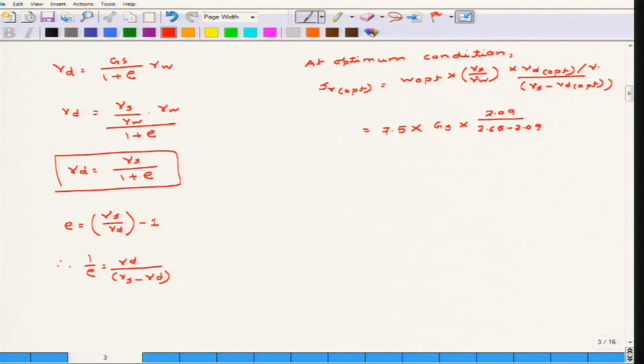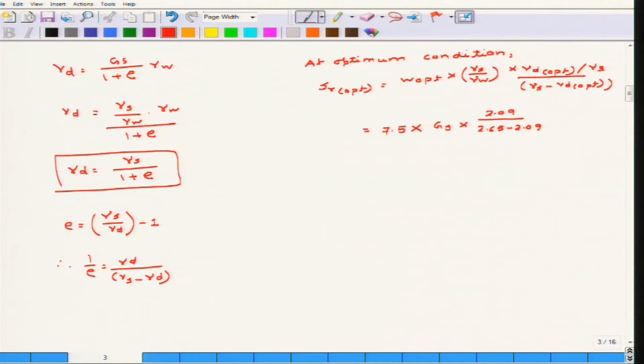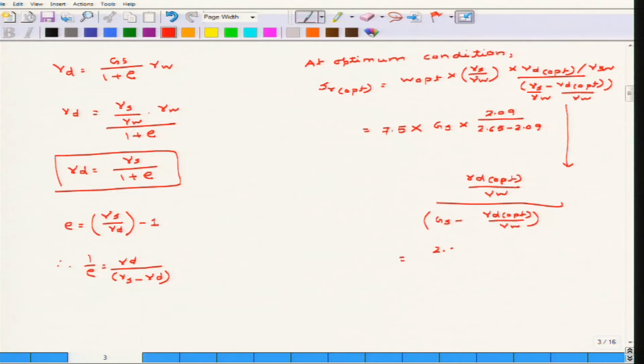Actually we divided by gamma W in all these cases. So this came down to be gamma D optimum by gamma W divided by GS minus gamma D optimum by gamma W, which is nothing but 2.09 by 2.65 minus 2.09.